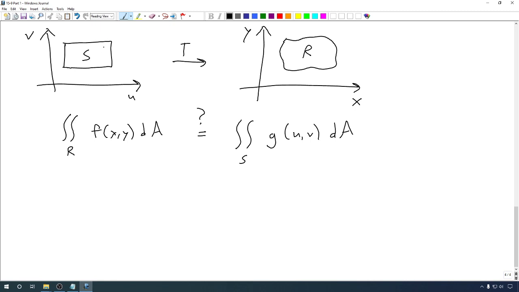Well, the main idea is that points in S, say some point here, need to end up in R somewhere. Every point in S needs to map into R. And we don't want any extra points in R that didn't come from points in S. If that's true, we say R is the image of S.